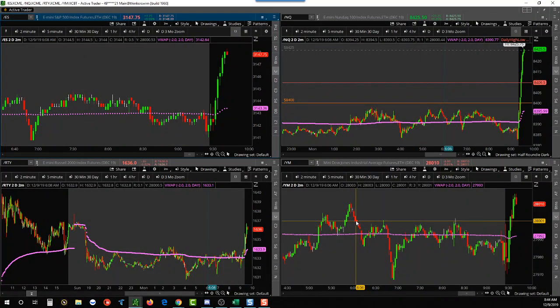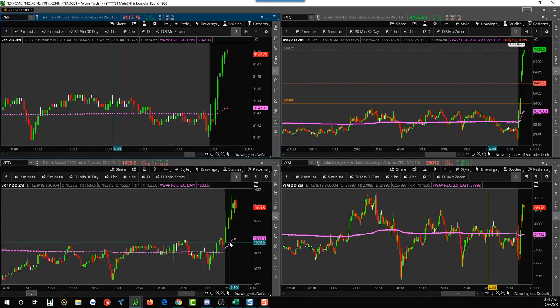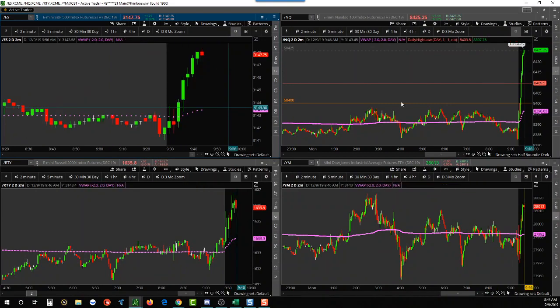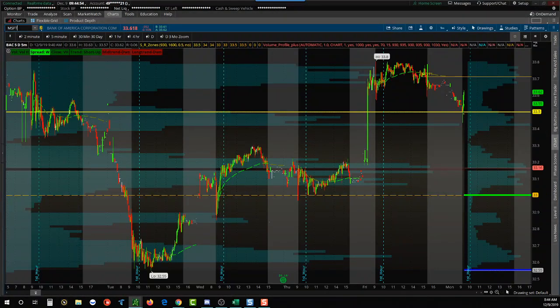The indexes are moving in sync, getting a healthy pullback in the Dow and the Russell. There it goes. You want to see them all move together. This is trend trade day. You should not be using range trade.